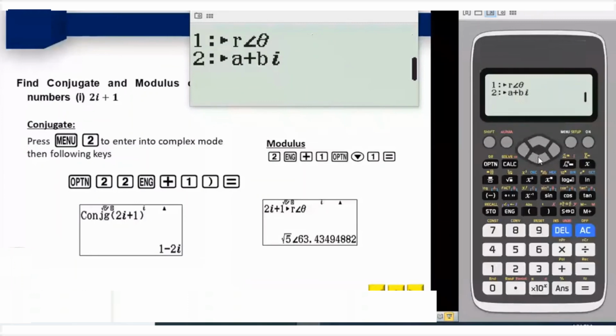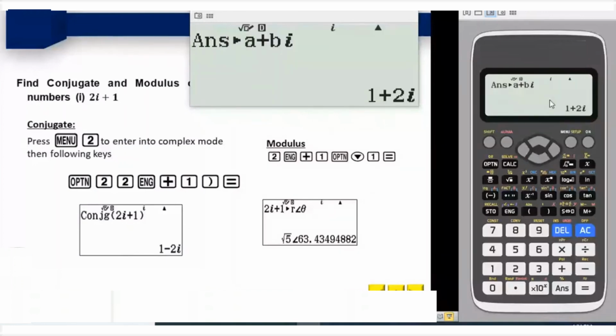The answer will be converted into the normal algebraic form, which is 1 plus 2 iota. In order to find conjugate and modulus, you have to apply the functions given in the calculator, so you do not need to waste any time at all.